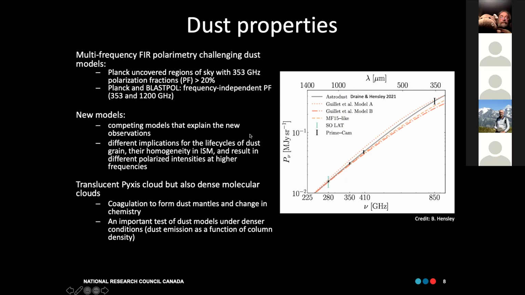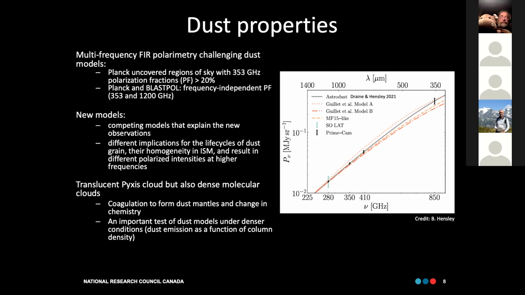They had a polarization fraction higher than 20%. And both Planck and BLASTPol, in frequencies of 353 to 1200 gigahertz, showed that polarization fraction is essentially frequency independent.